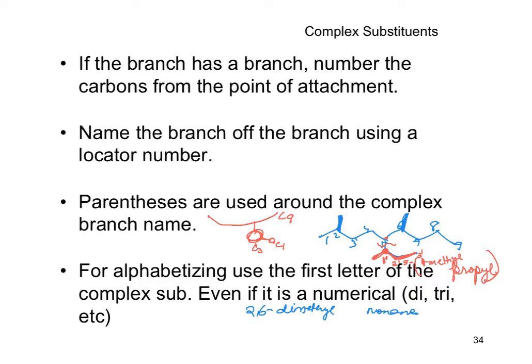Now, how do we put it together? You have position 5 with 1-methylpropyl, and you have 2,6-dimethyl. So you have a methyl group to compare against the methylpropyl. Since you have the propyl following methyl, there is something that is still continuing, so you would give priority to the methyl alone, and that will be named first.